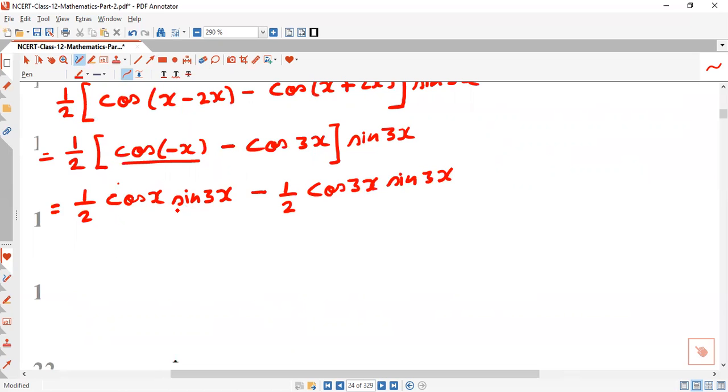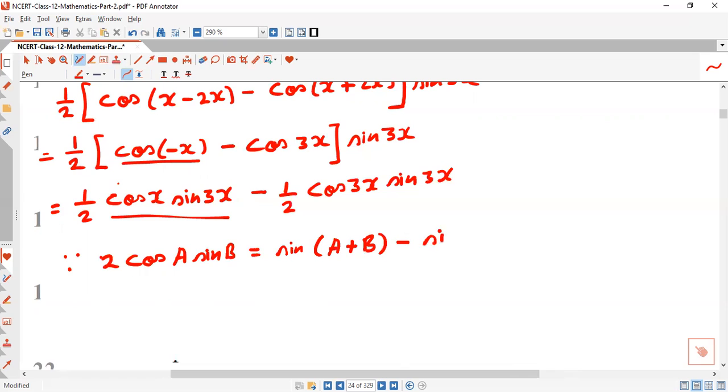In this first part, you see this one, cos A sin B, sin A cos B formulas are there. This part, we apply this formula: 2 cos A sin B equals, this comes out sin, the formula is sin(A plus B) minus sin(A minus B).